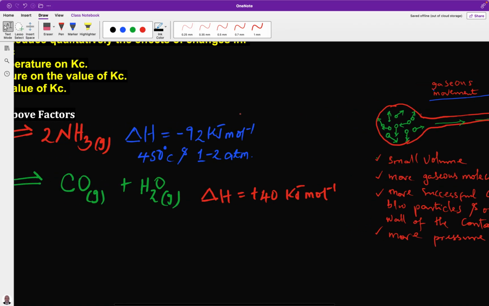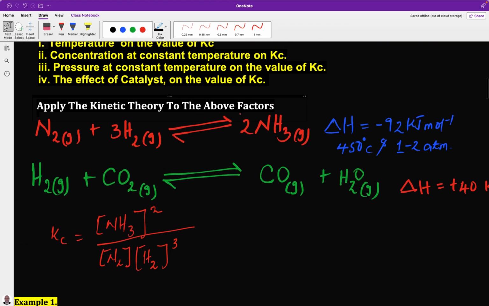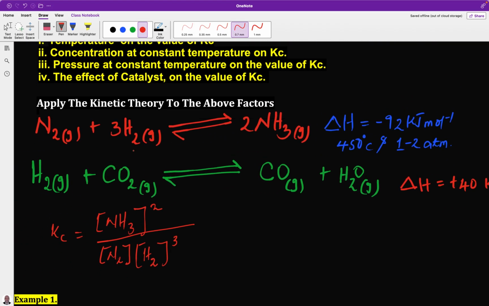Let's go back again. As I said, an increase in pressure at constant temperature, what is the effect on the value of Kc? When the pressure here is increased, in principle, the equilibrium will shift to the direction of the smaller number of gaseous molecules. So the equilibrium will shift from left to right. And if the equilibrium shifts from left to right, more of the product is formed.